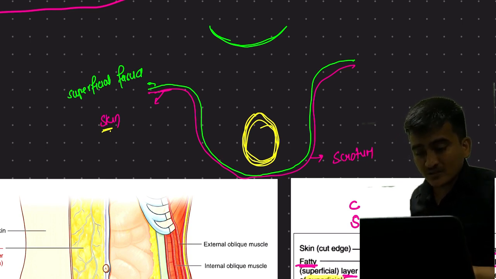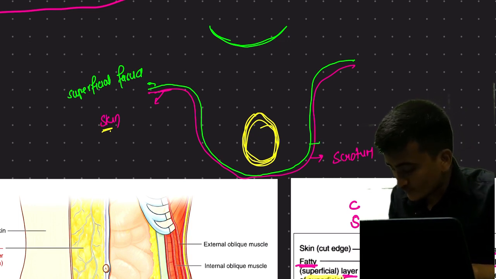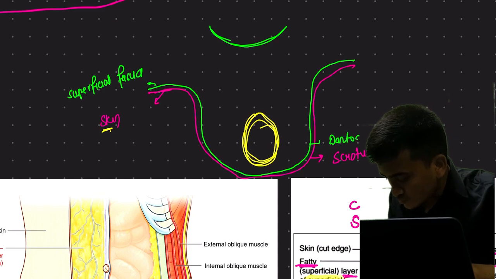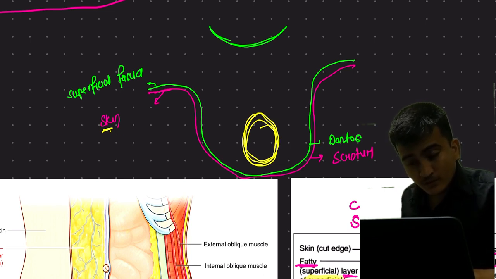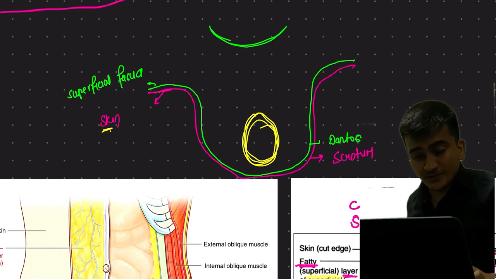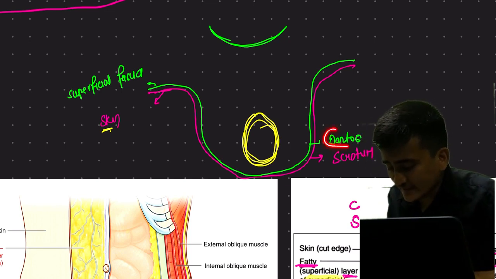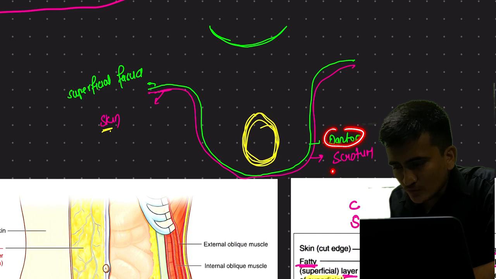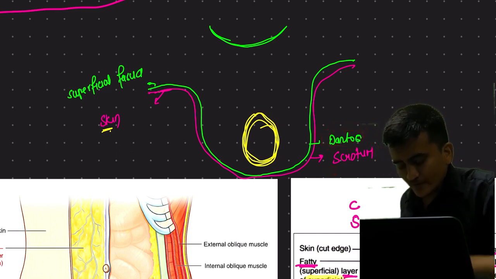Now what is this dartos? It is a structure in the scrotum. Dartos is the subcutaneous muscle of the scrotum, lying deep to the skin.